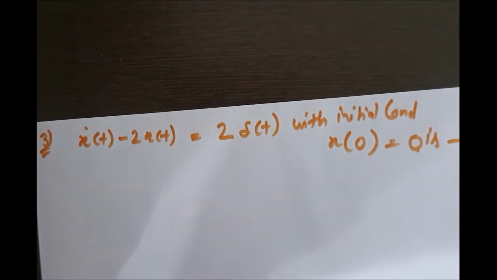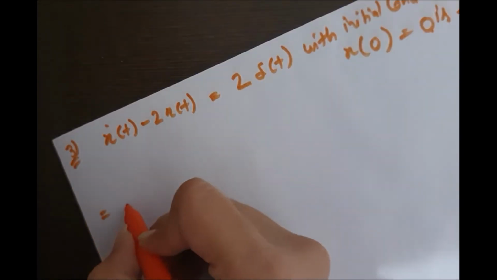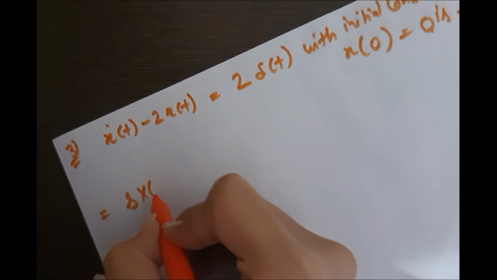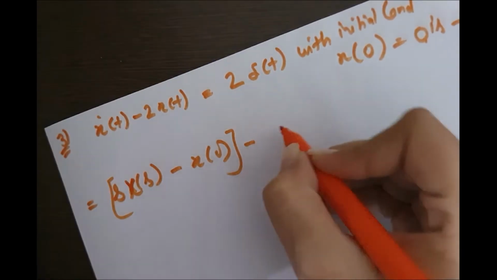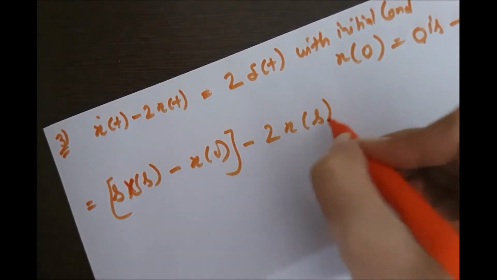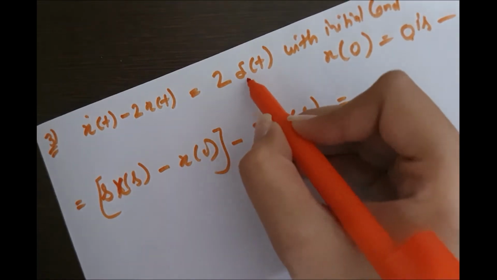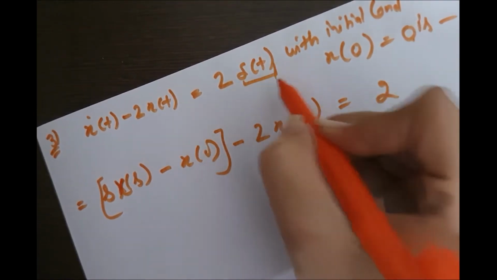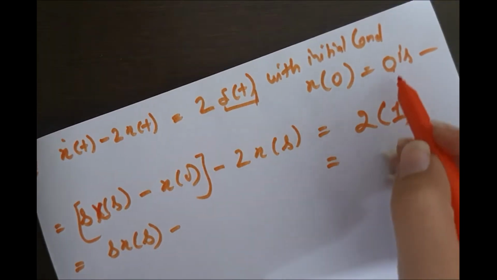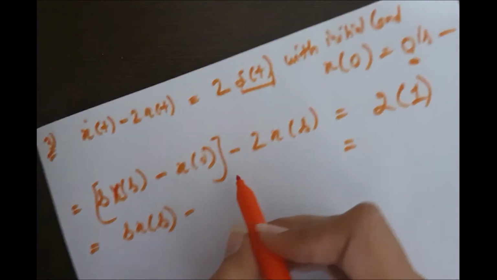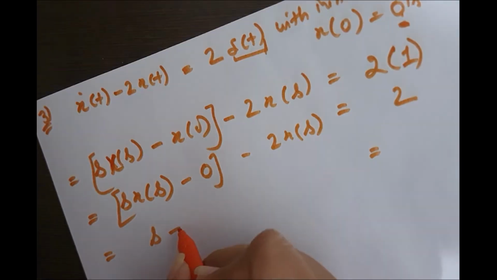Now this question is based on the differential property of Laplace transform. Here this x(t) will be written as s X(s) minus x(0) minus 2 X(s). Here the Laplace transform of delta t is 1. Here the initial condition given is 0, so 0.